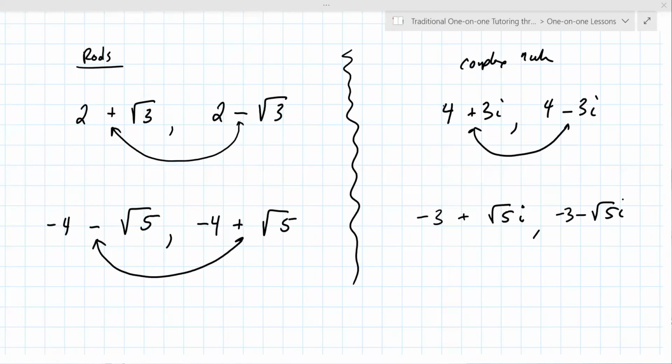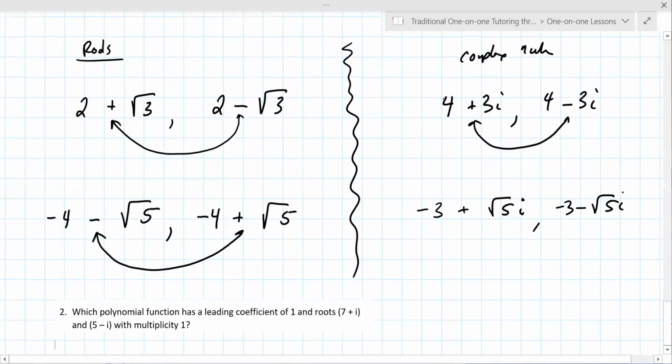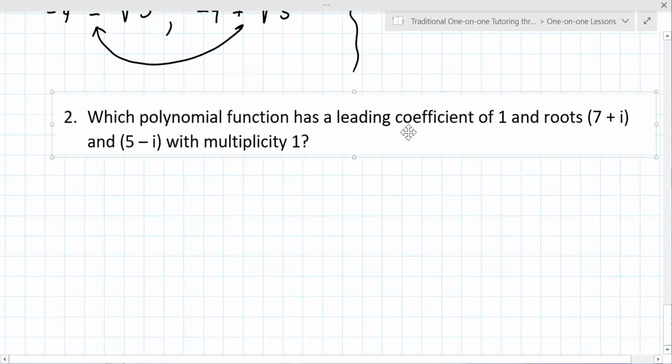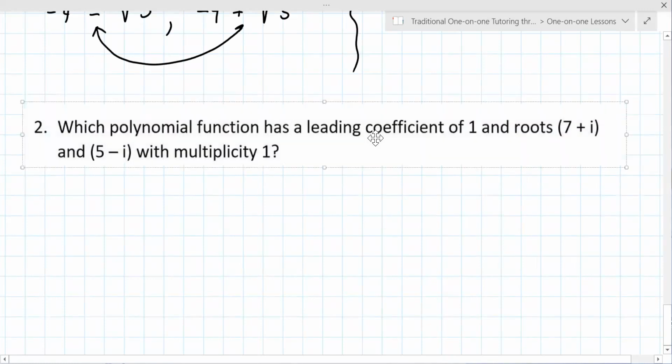So now we can actually answer question 2. Which polynomial function has a leading coefficient of 1 and roots 7 plus i? That means there's also root 7 minus i. And then there's a 5 minus i, which means there's a 5 plus i.